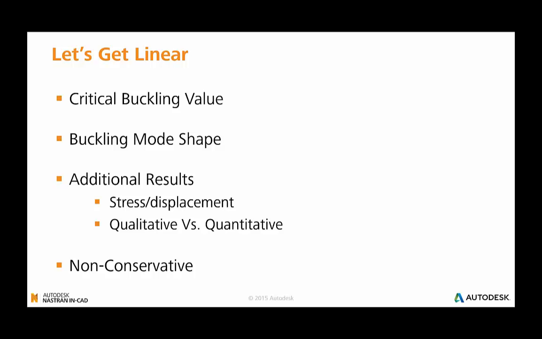Finally, the values are non-conservative, so be aware of that. For a simple design like in our example today, the results can be accurate. That being said, as the complexity of the parts and the geometry that you're analyzing increases, you'll see that the value can become inaccurate, and hence the need for nonlinear analysis when comparing with linear analysis.